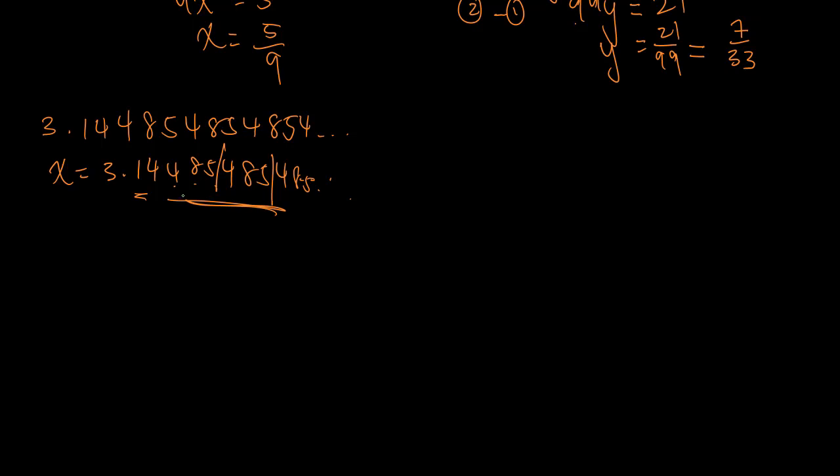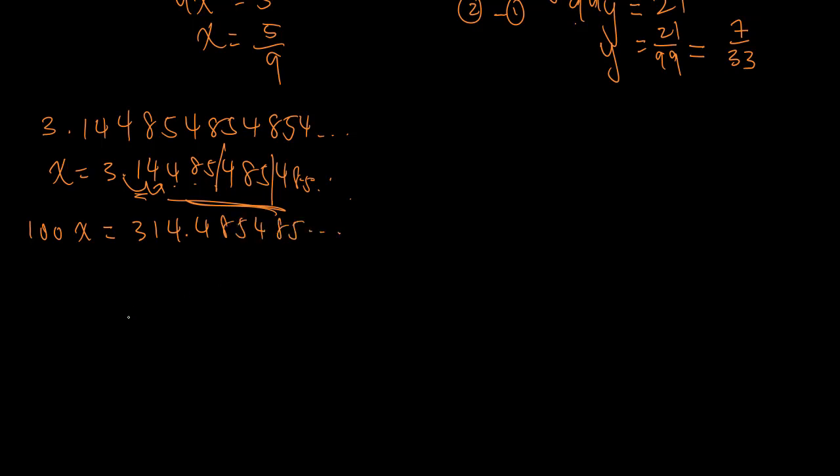Now I'm going to make two equations such that these two equations have 485 right after the decimal point. The first number that I can think of is this: I can multiply by 100. I will have 100x equals 314.485485 over and over again.